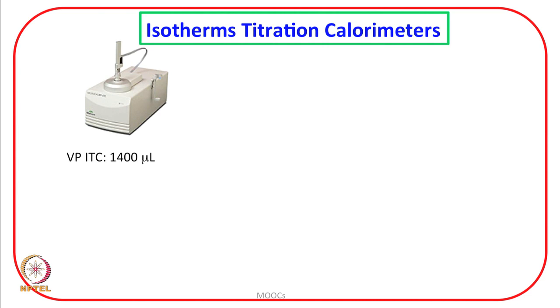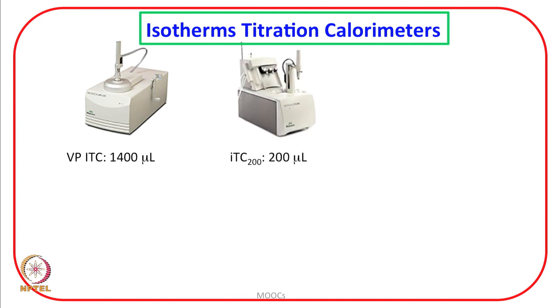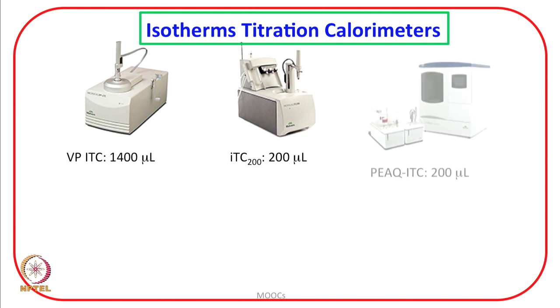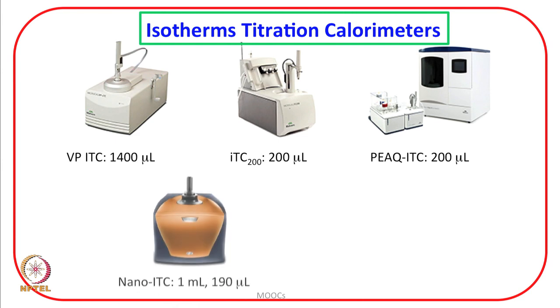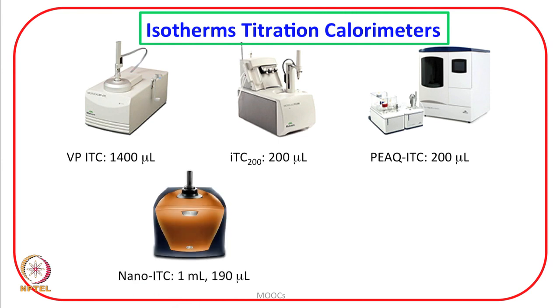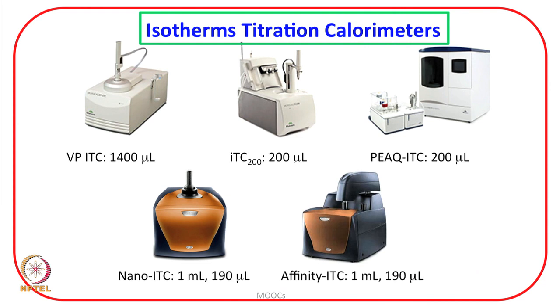VP-ITC with a cell volume of 1.4 ml, ITC 200 with a cell volume of 200 microliter, Peak ITC, which is an automated isothermal titration calorimeter with a volume of 200 microliter, Nano ITC with a volume of 1 ml or 190 microliter, and an automated affinity ITC again with a volume of 1 ml or 190 microliter.